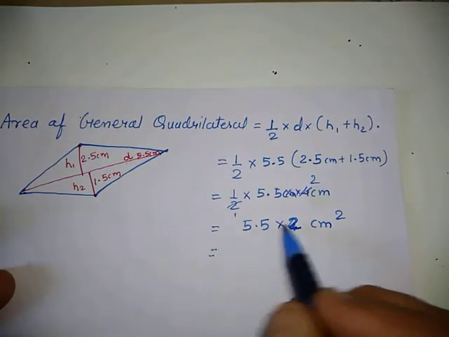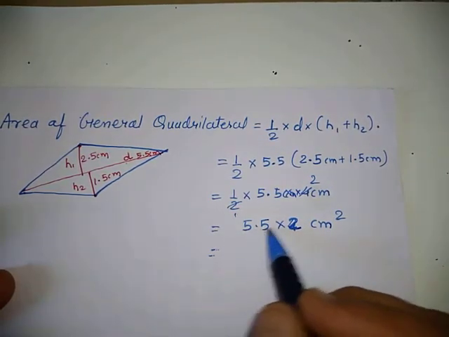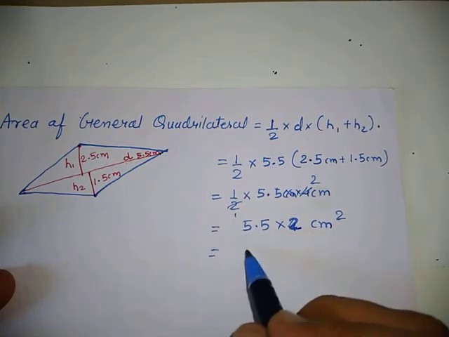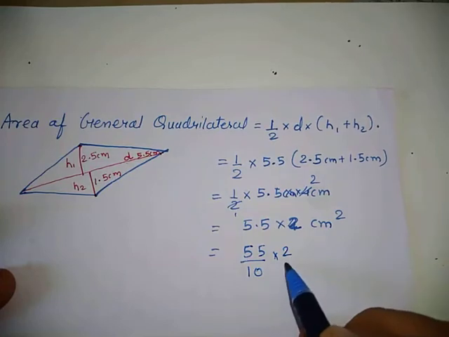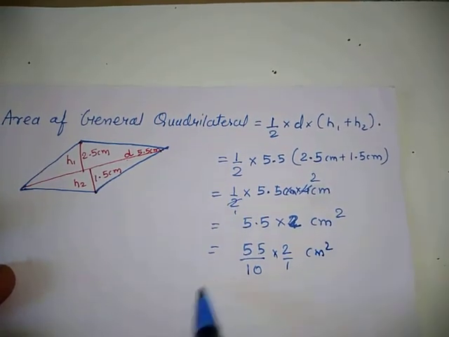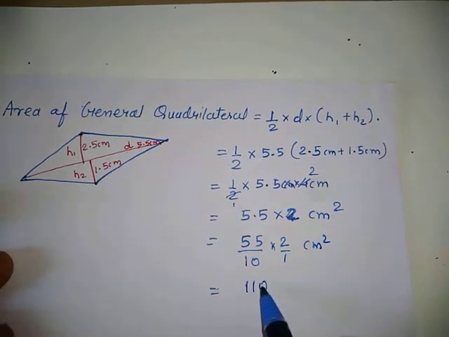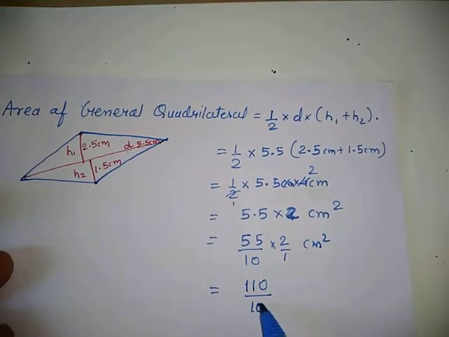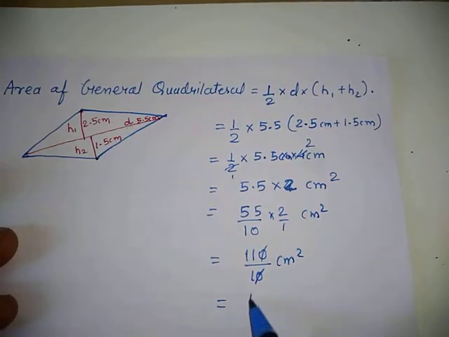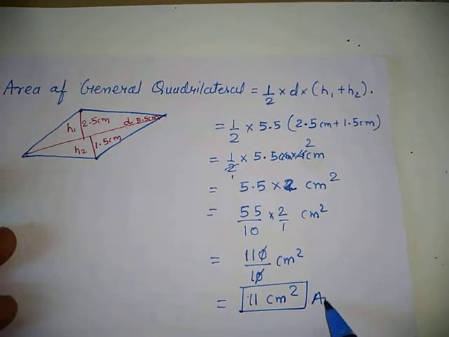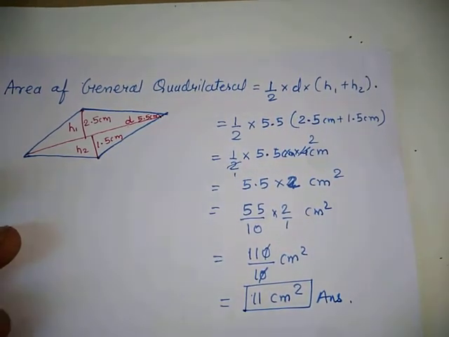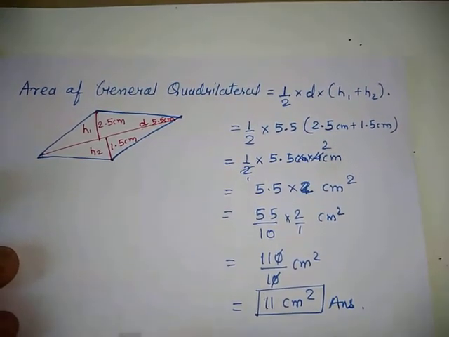So if we remove the decimal point, it will be 55 by 10 into 2 centimeter square. So it will be 55 into 2 divided by this much. So we will get 11 centimeter square as the area of this given quadrilateral. Hope this much is clear.